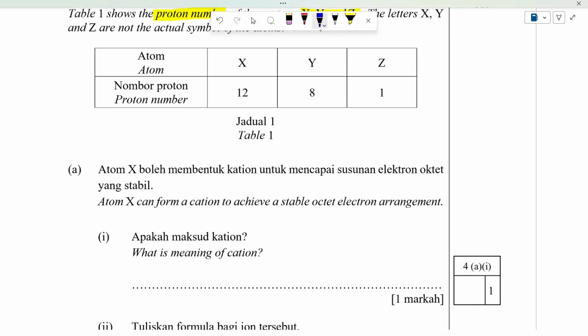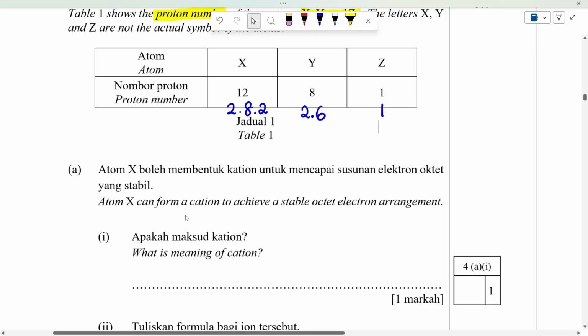For X atom, 12 protons, what is the electron arrangement? 2.8.2. Good. Next, Y, 8 protons: 2.6. Then Z only 1, so the electron arrangement is 1.